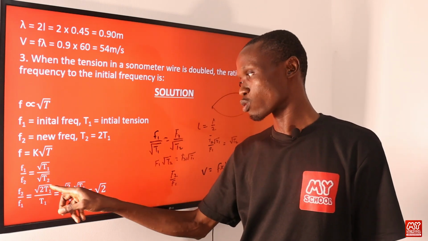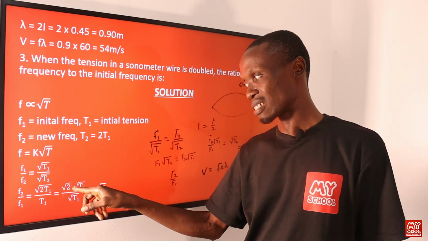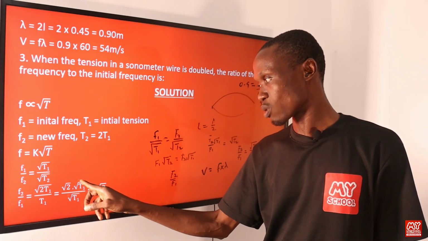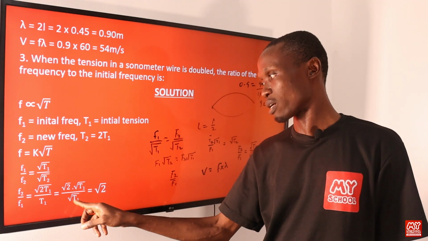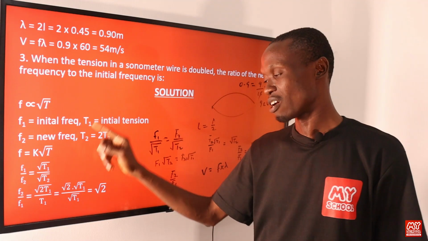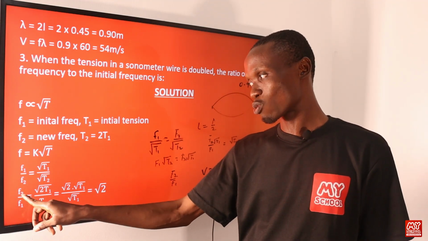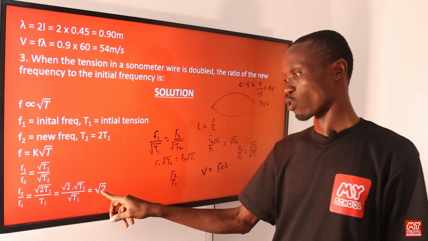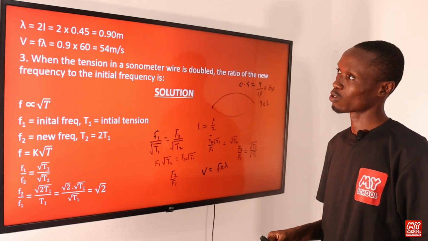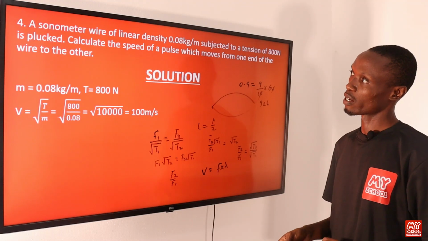So this is also equals to root 2 times root T1, so that root T1 can cancel out with root T1. If they cancel out, we'll now be having that the ratio of the new frequency to the initial frequency, which is F2 all over F1, is equals to root 2. So let's move to the next slide to continue with our lesson.